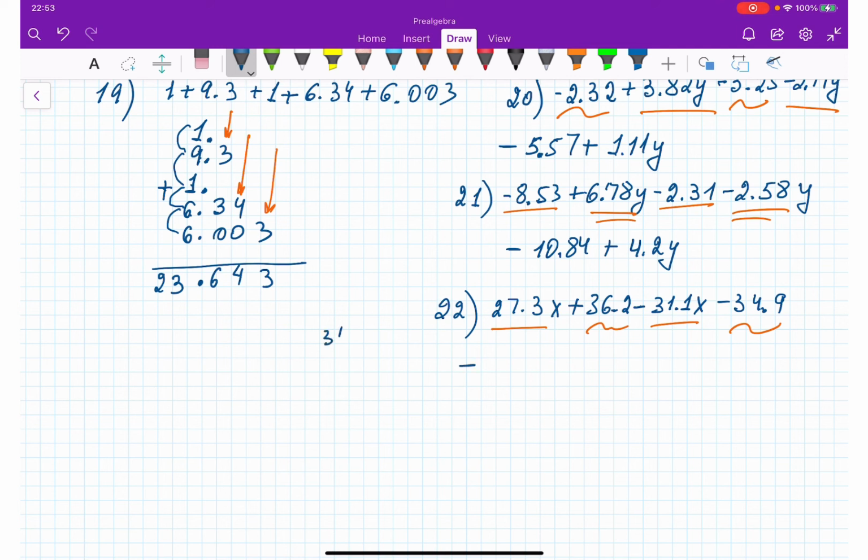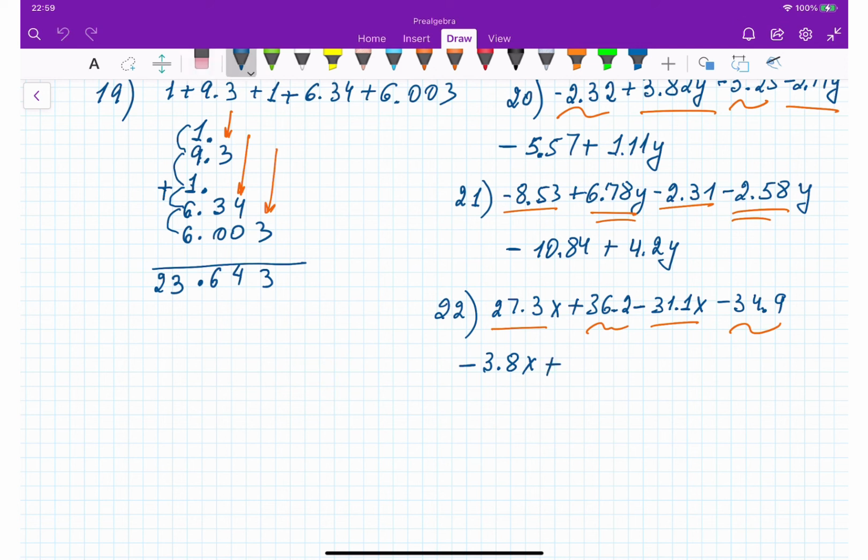So 31.1 minus 27.3. We need to line up the point correctly. 11 minus 3 is 8. Here 0 is left, so borrow from here. 10 minus 7 is 3. Here 2 is left. 2 minus 2 is 0. So 3.8. Negative 3.8x. Next. 36.2 and negative 34.9.